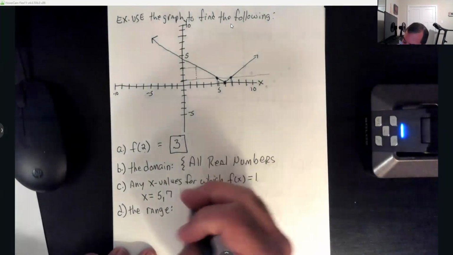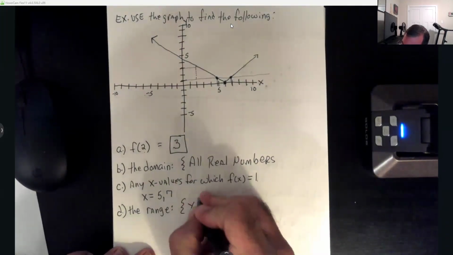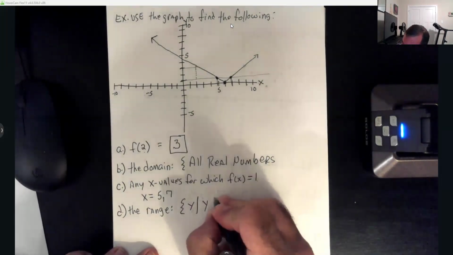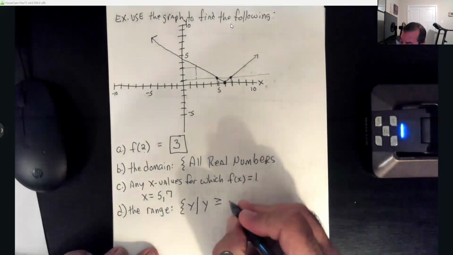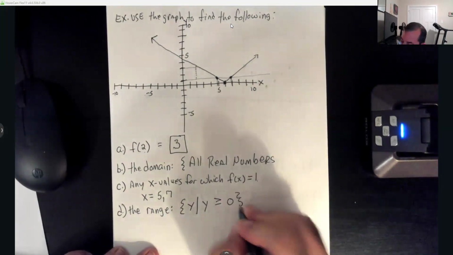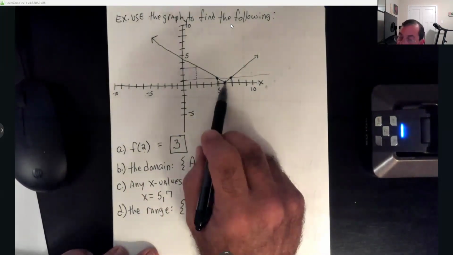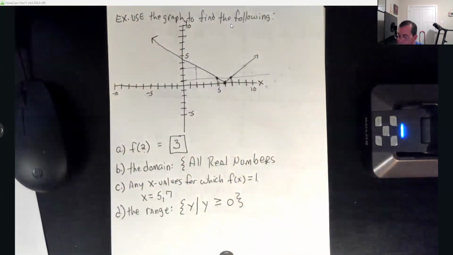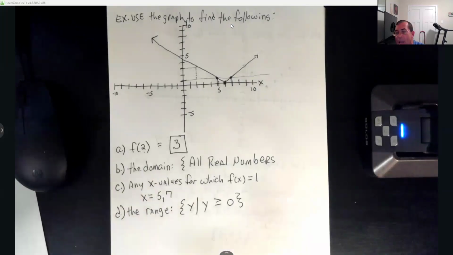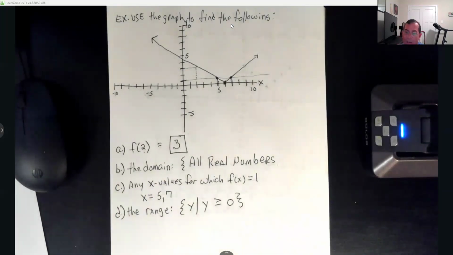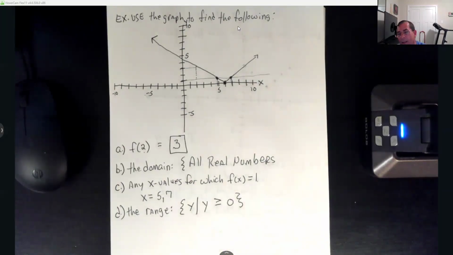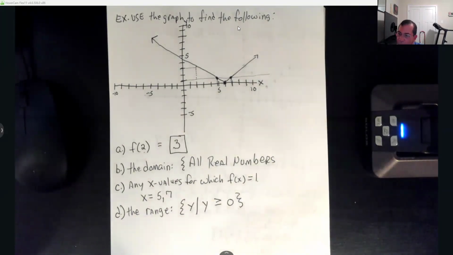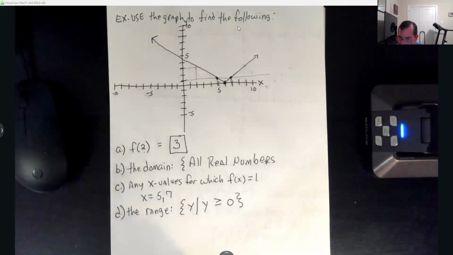So for this one, we would say that our range is the y such that y is greater than or equal to 0. Since it's touching that x-axis right here, that's 0 for the y. And they're going up toward the positive values, okay? So we just say that it is greater than or equal to 0 on that one. So y'all, that's the trick when you got graphs, okay? Whether it's plotted points or a graphed line, okay?